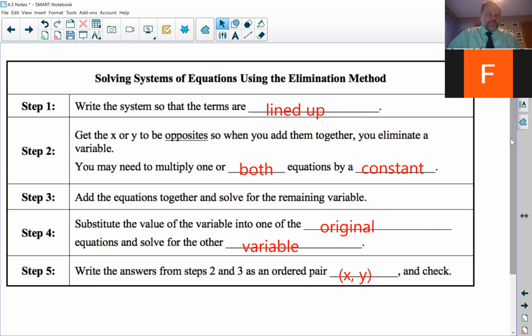The object, we want to get either the x or the y coefficients, the number in front, to be exactly opposites, so that when we add them together, we get 0. We eliminate that variable. That's why it's called the elimination method. In order to do this, it's possible that we might have to multiply one or both of our equations by a constant, by a value, so that our coefficients are opposites.